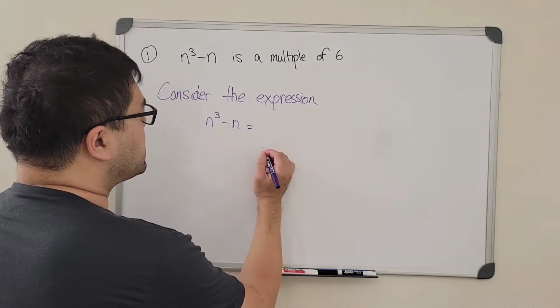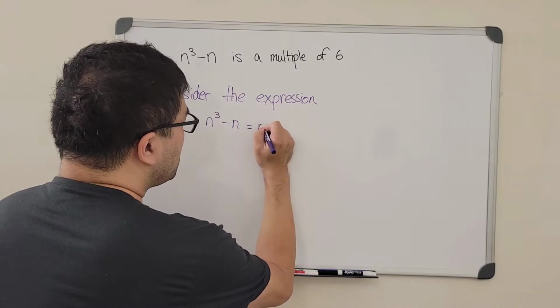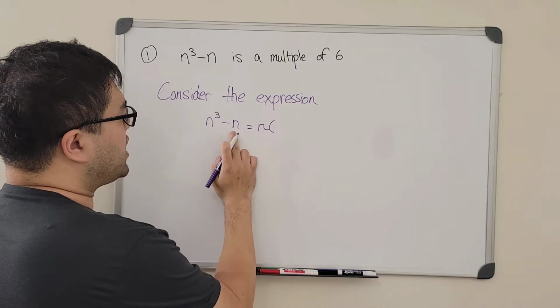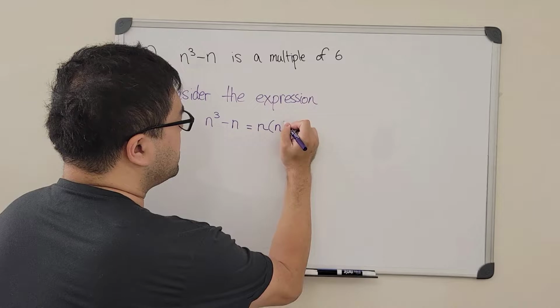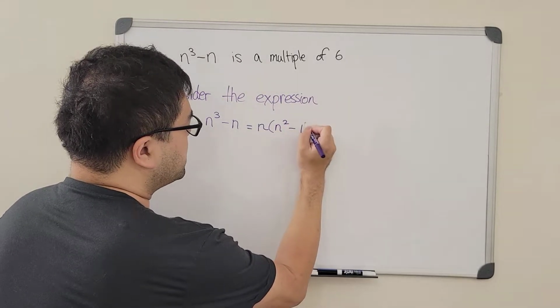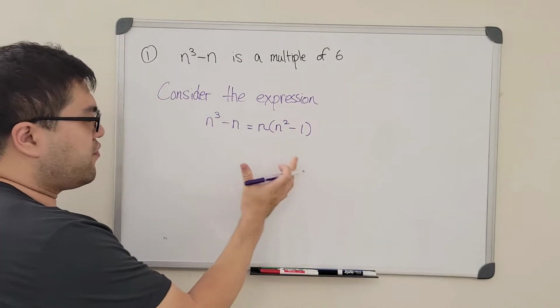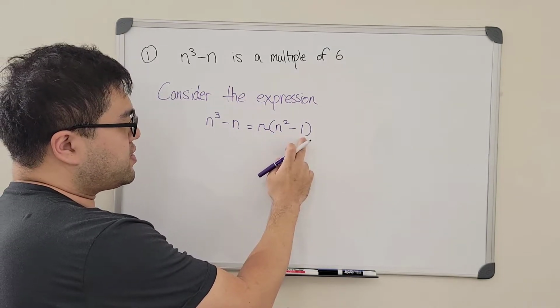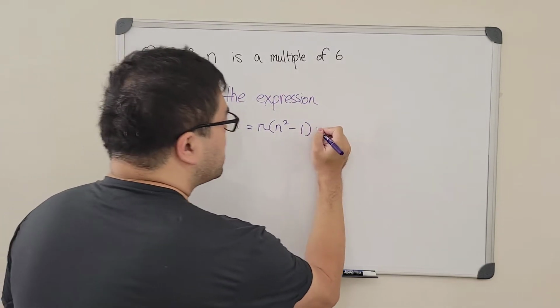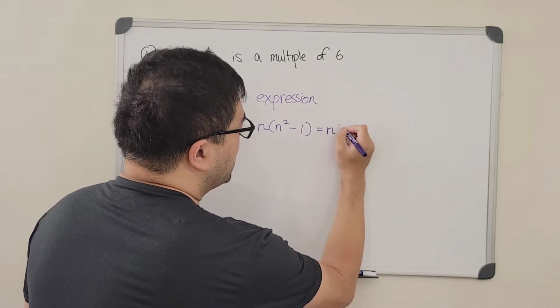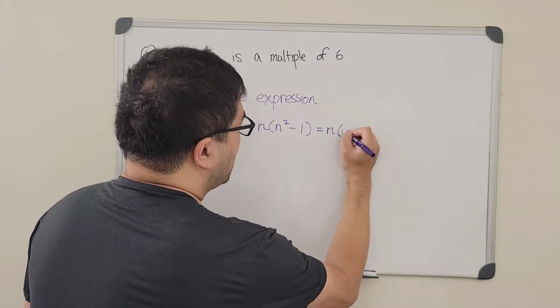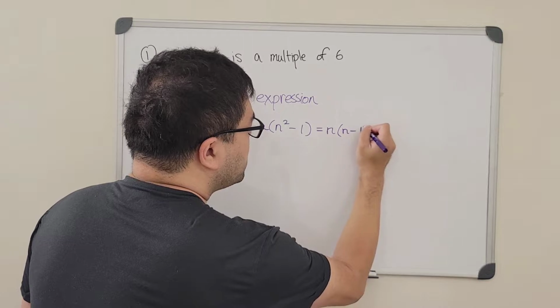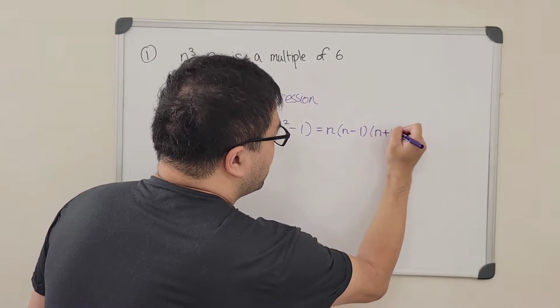Then we get the following. n cubed minus n is equal to n times n squared minus 1. Of course, we factor out the n. And now we can also factor the second part. So let's do it one more time. We get n times n minus 1 times n plus 1.